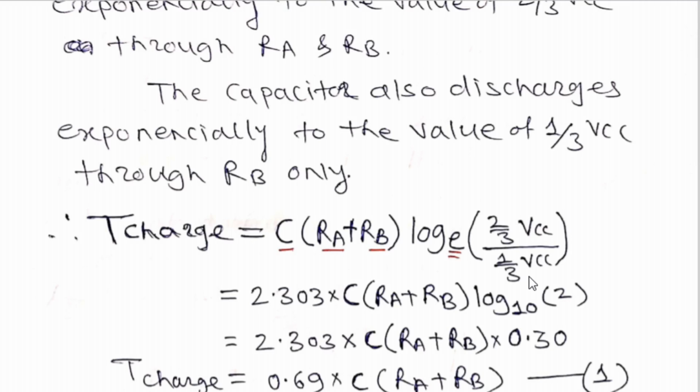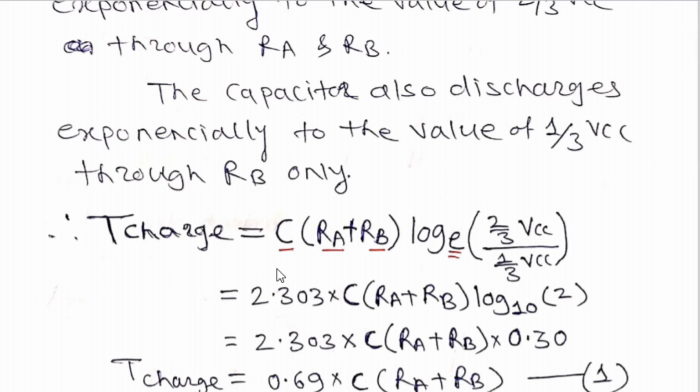Because our capacitor voltage continuously changes between 2/3 VCC and 1/3 VCC. It will charge to 2/3 VCC, then discharge to 1/3 VCC, and then again charge to 2/3 VCC. So this ratio is always there, 2/3 VCC to 1/3 VCC.